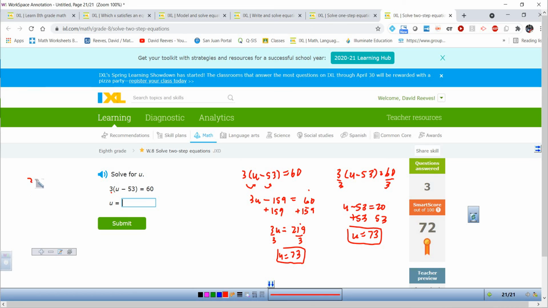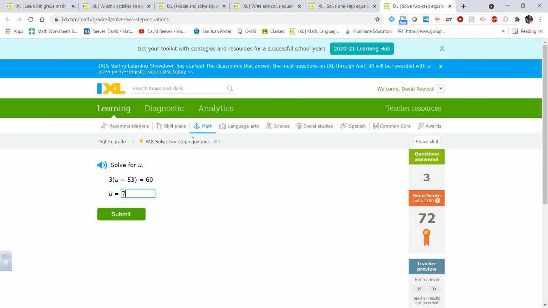If I gave you 3u was equal to 60, then dividing both sides by 3 would give you u is 20. So if you just look at this as one thing, then dividing first would actually make your life easier. But you could also distribute the way that we simplified expressions before. So what was my answer? My answer was 73.